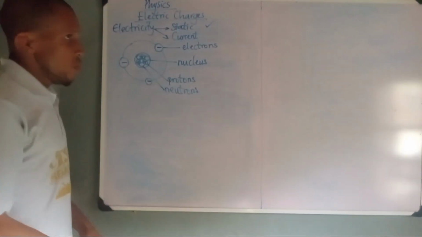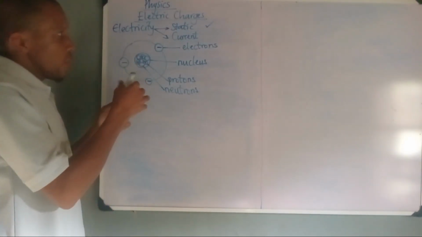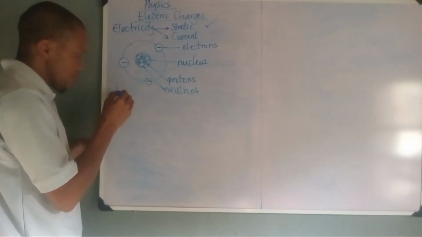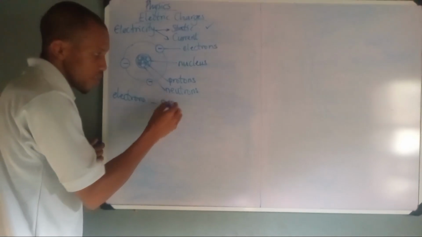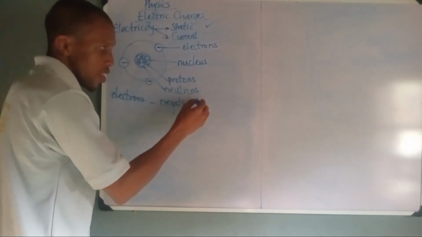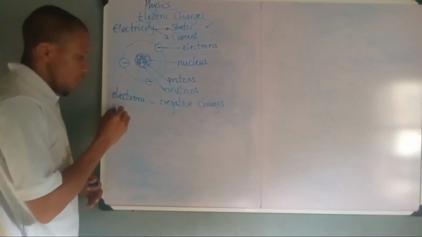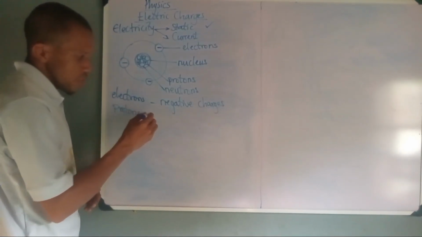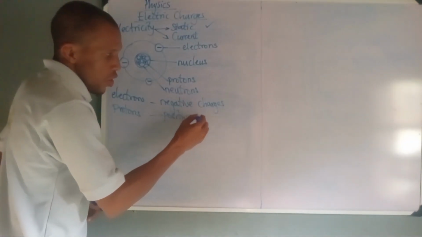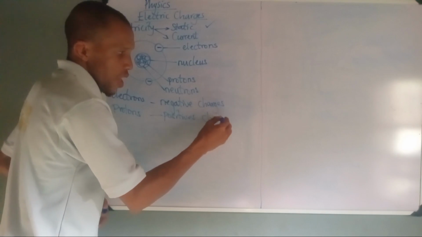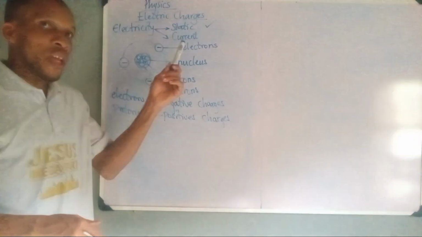Okay, so looking at this, we can refer to electrons as negative charges. And we can refer to protons as positive charges. Now, when it comes to transfer of charges or charging of particles, we mainly focus on the electrons.